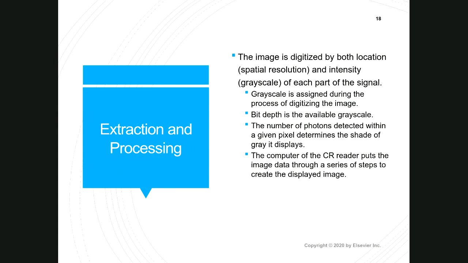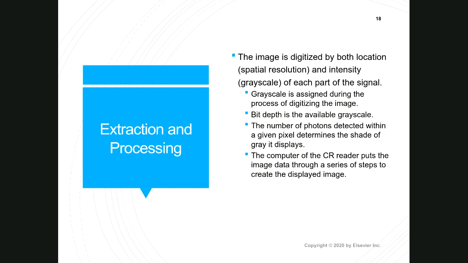The bit depth, remember we talked about from the center of one pixel to the center of the correlating pixel, the one right next to it. The bit depth is available as the grayscale. And it says the number of photons detected within that pixel value determine the shade of gray that it displays.